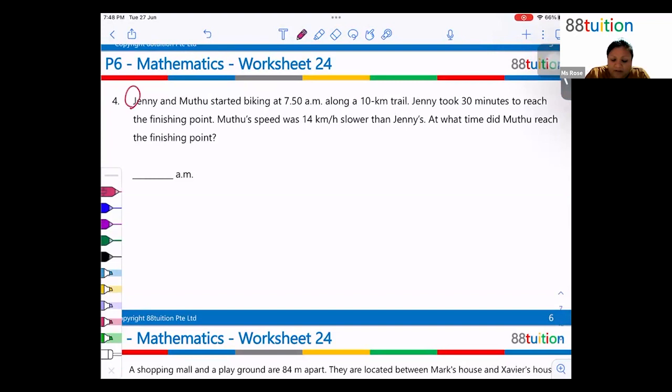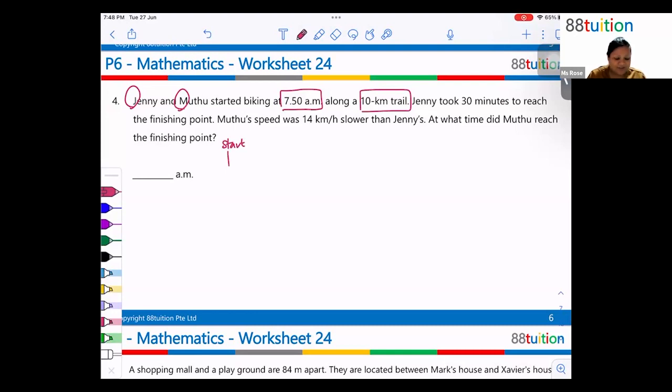Okay, let's look at question number 4. So we have Jenny and Muthu started biking at 7:50 a.m. along a 10-kilometer trail. That means there must be a start of the trail. Then, thank you, Hannah.